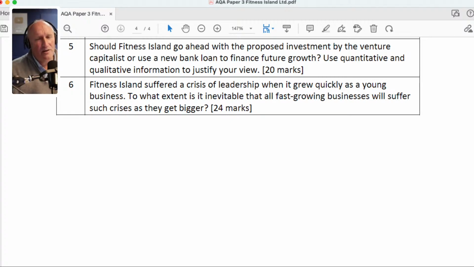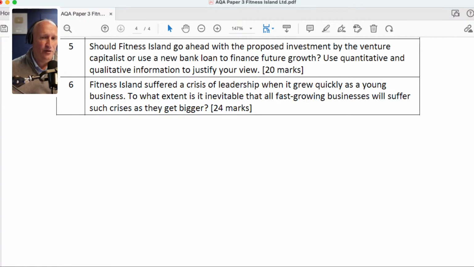Unbelievably poorly managed, but incredibly successful. But I just knew it was going to crash, and it did in fact crash. It was rescued. However, a classic symptom: young startup businesses, fantastic energy, great creativity, but if they don't have the right controls, it's pretty likely that they're going to suffer, maybe overcome, but suffer a crisis of leadership. That's how we deal with the first part.